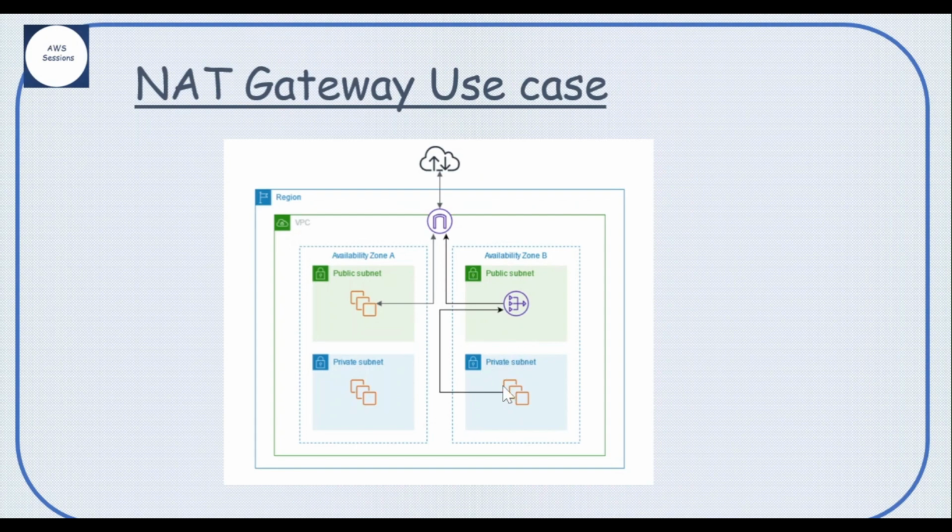We created one route table for the private subnet and one for the public subnet. In the public subnet, we added a route that if the traffic is going outside, then it should go via the internet gateway. In the private subnet, we added a route that if the traffic is going outside, then the destination should be the NAT gateway, and automatically from the NAT gateway it went to the internet gateway and outside. So this was the whole flow we did in the demo.